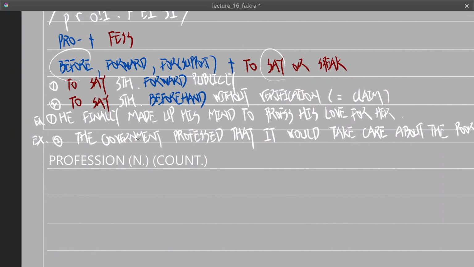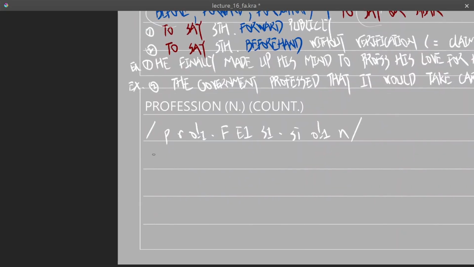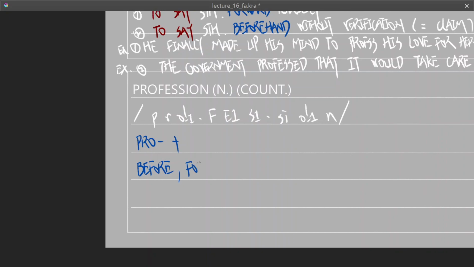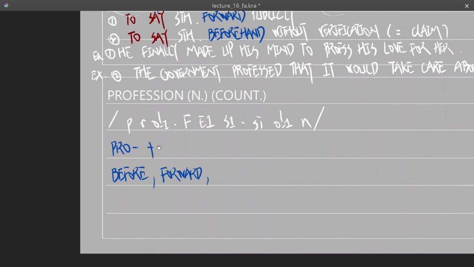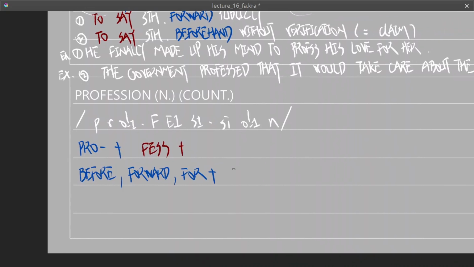All right, next we have profession. And we have the prefix pro, meaning before, forward, and we have the root fess, which means to say or speak.